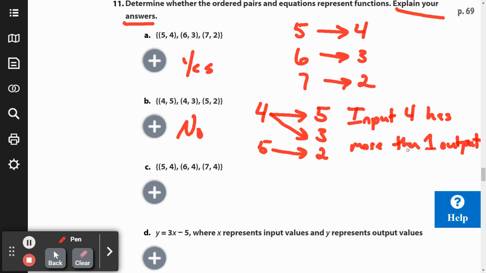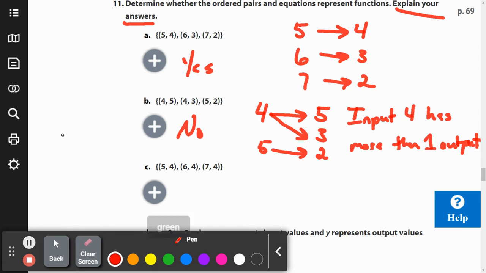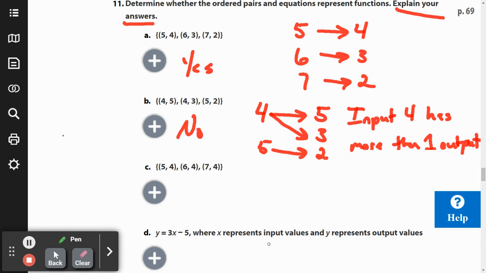So if you are looking at these and you get a set of ordered pairs and it wants to know if it is a function, you look at the x values, and if you see the same number repeat, that should automatically be a no. Unless, of course, they are trying to trick you and they have another one over here like this. Let's say that this one didn't exist and you had 4 to 5 again.